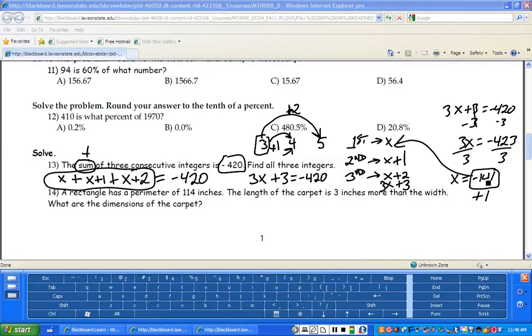So if x is negative 141, negative 141 plus 1 would give you your second number, negative 140. Okay, because negative 141 plus 1 is negative 140. And your third number, which is x plus 2, would be negative 141 plus 2. So negative 141 plus 2 gives you negative 139.